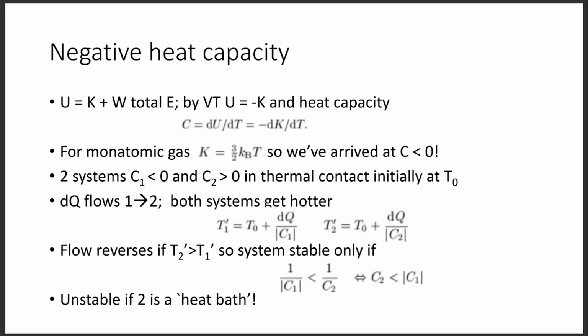If you did that, your stellar system would transfer heat to the heat bath. It would get hotter, and the heat bath barely would because it has a huge specific heat. And so now there'll be a temperature difference driving heat out of your stellar system into the heat bath, and you'd have a runaway.